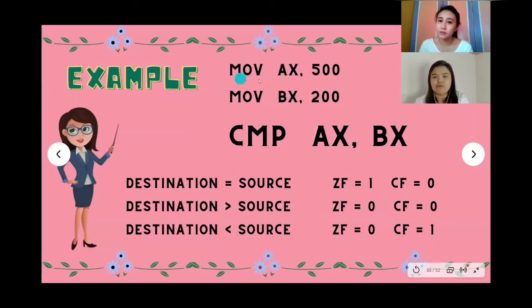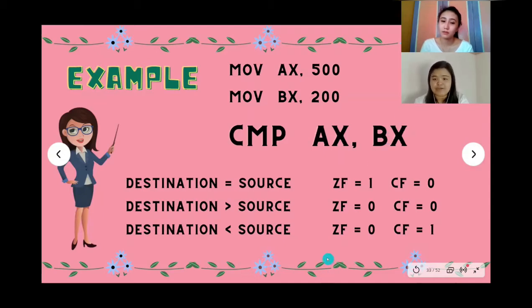I have here MOV AX, 500. Move the 500 in AX. So AX would be 500. Then I have MOV BX, 200. So we will just copy the data and this will be 200. So I have here 500 and 200.